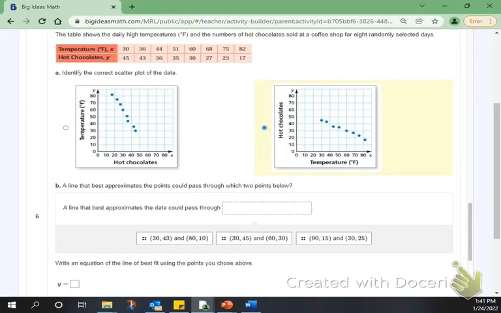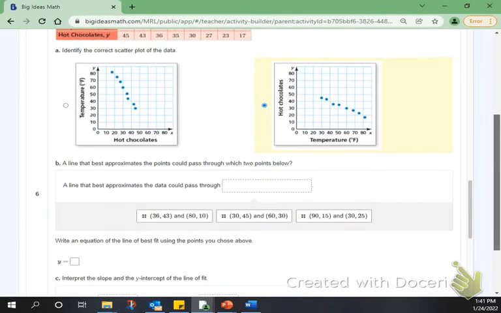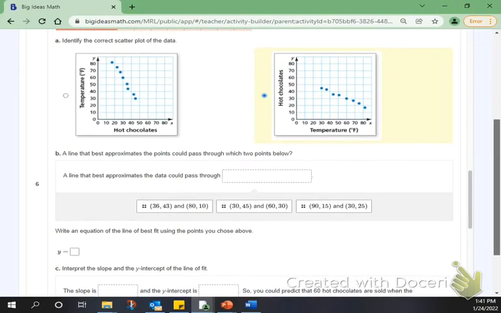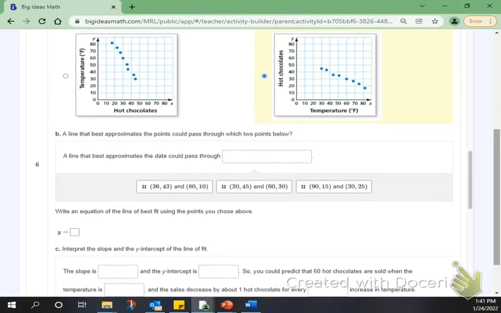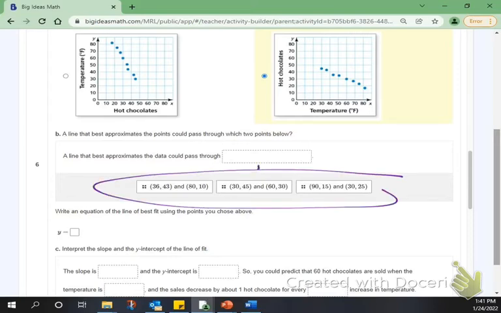Based on that answer, now I'm going to come down and answer the rest of the questions. It says a line that best approximates these points could pass through which 2 points below. It gives me these 3 options as potential answers that you could click and drop into that box.